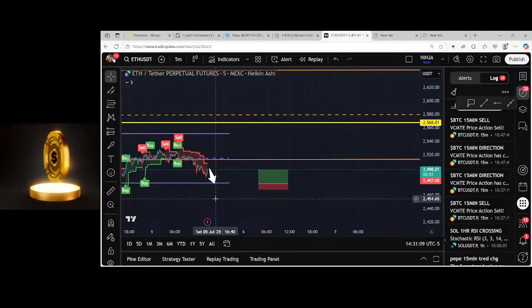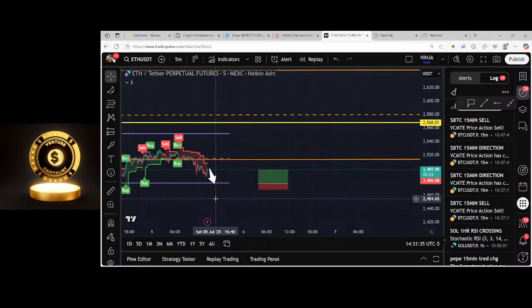Now, what I'm asking is, if you have a stop loss, let's say your stop loss is 40, 45, or let's just say 40%, that means that currently, if you did a 40x leverage, if it went back and retested that support, that would stop you out.